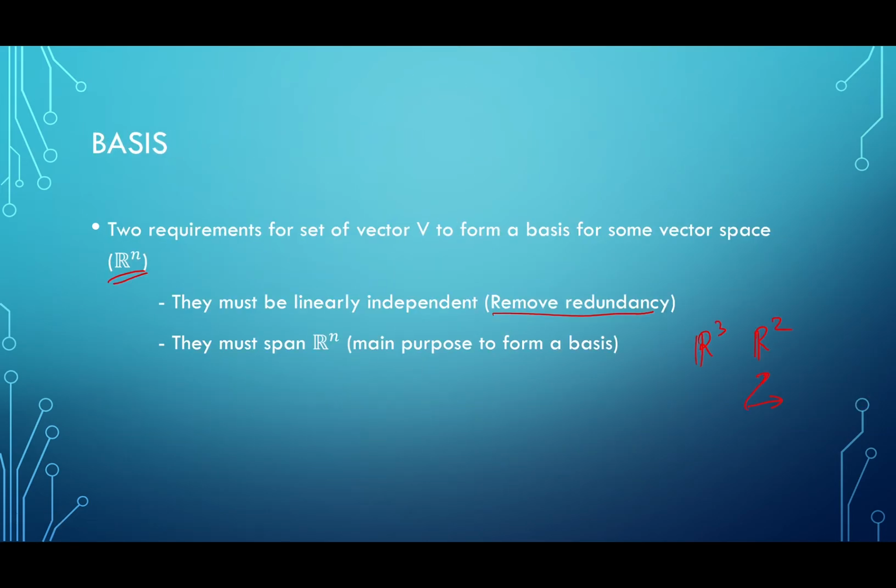And in R3, we just need three vectors such that they span all of the possible vectors in R3. R3 consists of all possible vectors with 3 rows, whereas for R2 it is 2 rows. So that's the main point of basis.